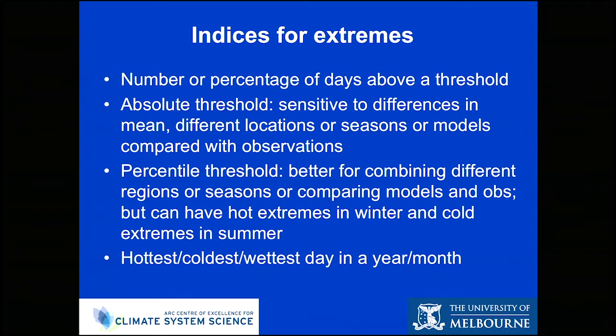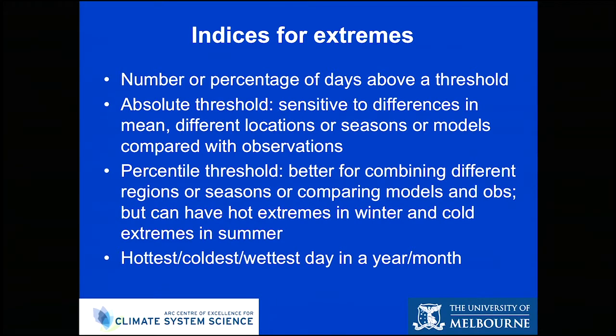Because what percentile-based thresholds do is look at typically the exceedances of some threshold based on a percentile, which might be the 1 and 99th percentile or the 10th and 90th percentile. And those percentiles are often seasonally varying.